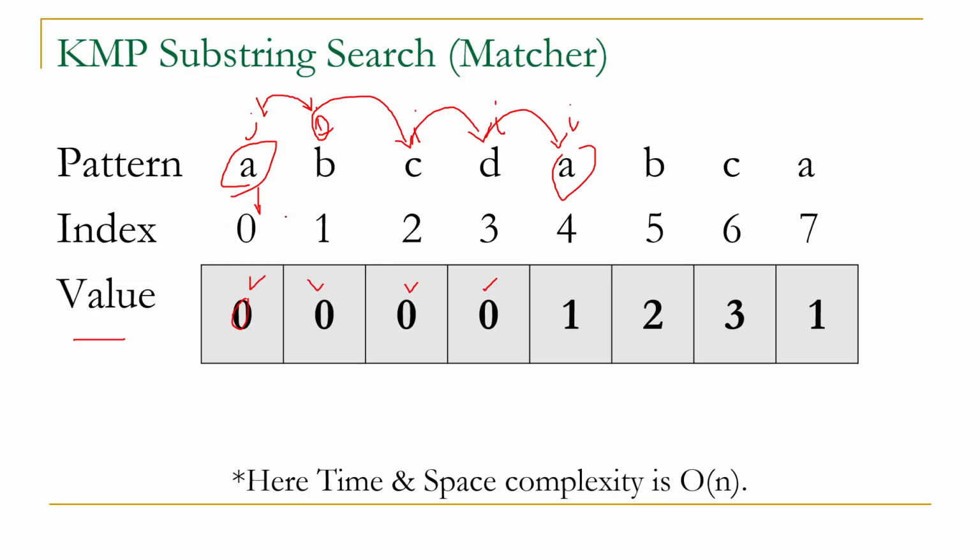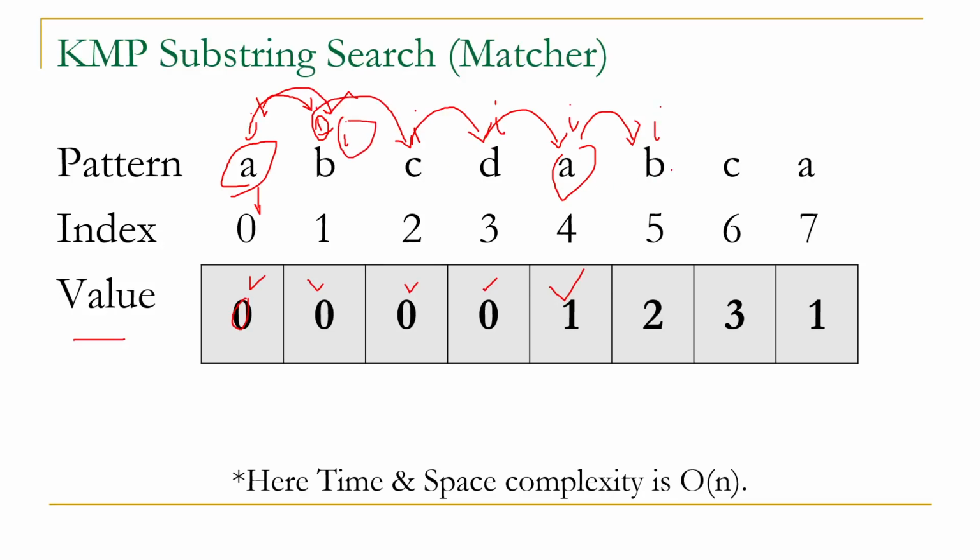Then we insert the value J index plus 1, which is 0 plus 1, that is 1. And if this is matched, then we increase both J index and I index. So J is now in B and I is now in B.